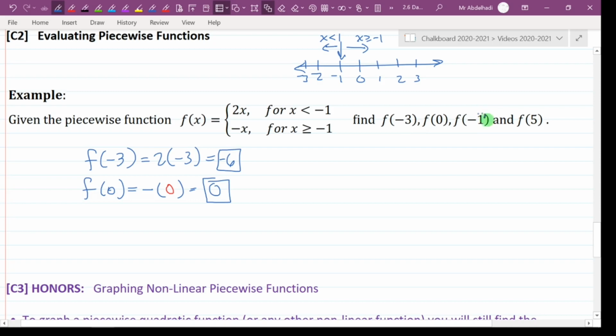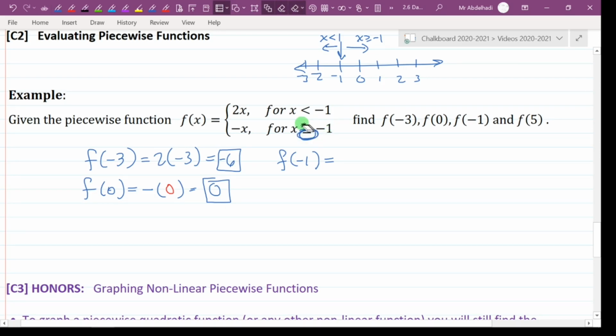Okay. For the next one, f of negative 1. Now this one's tricky because both of these are negative 1. Which one do you plug in? Well, ask yourself a question here. Is negative 1 less than itself? Because this only works if you're less than negative 1. Is negative 1 less than negative 1? No. So you're not going to use the top. On the bottom, however, you have this equal to. See that right there?